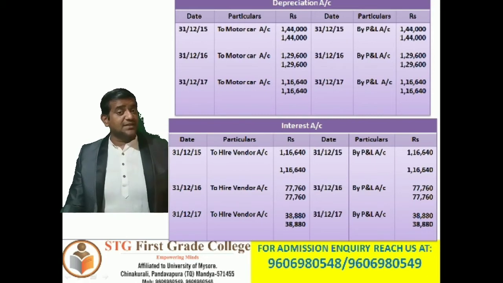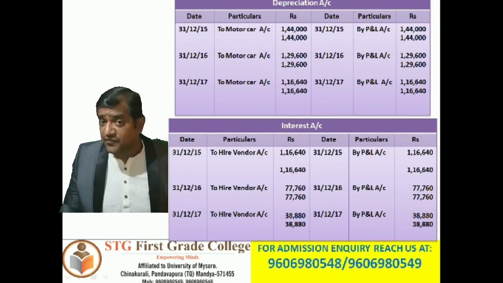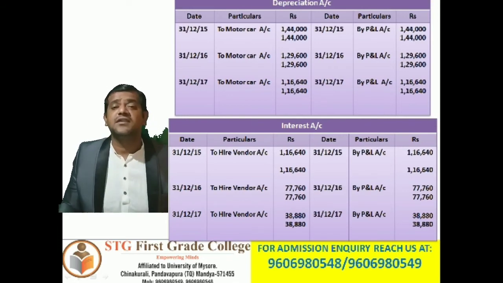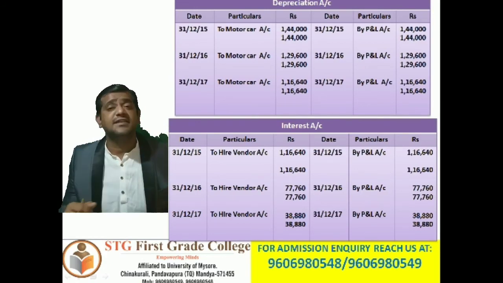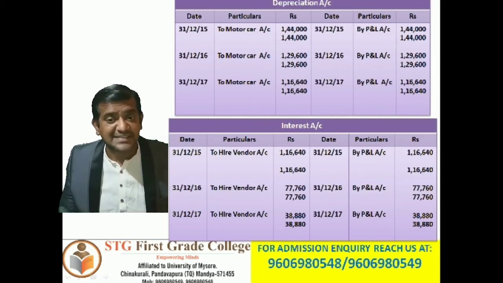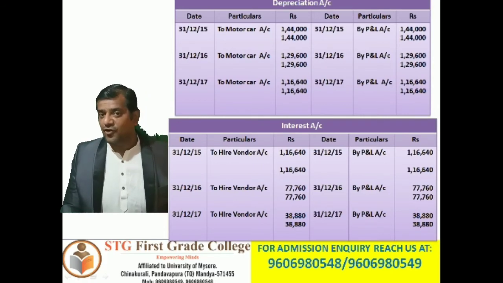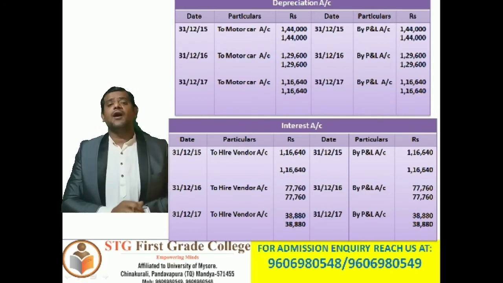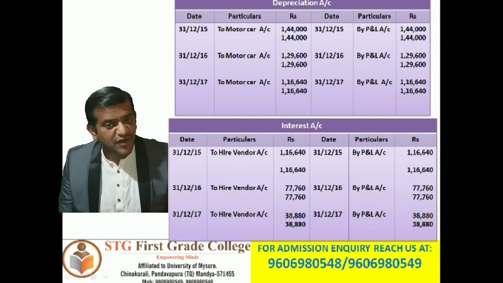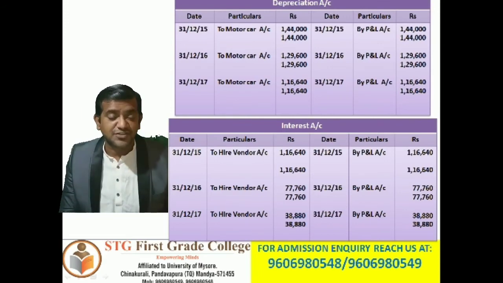And in the third year, that is 31/12/2017, to motor car account, 1,16,640. The same year, 31/12/2017, by P&L account, 1,16,640. So both the sides got tallied. Clear?